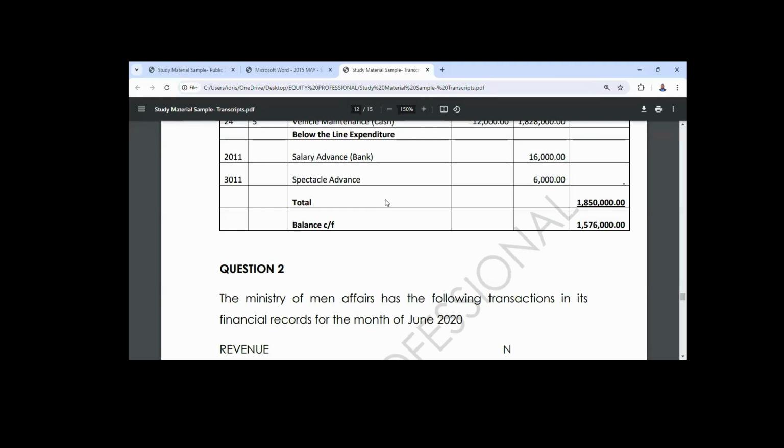But public debt is the most important area. We must put more effort into those 3 topics: public debt, budget and budgetary control, and the public financial management system.